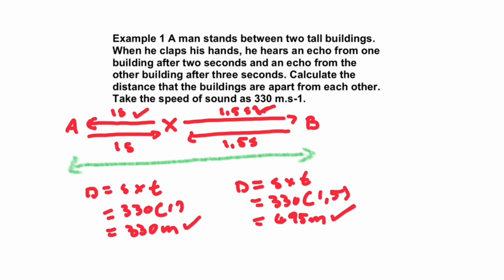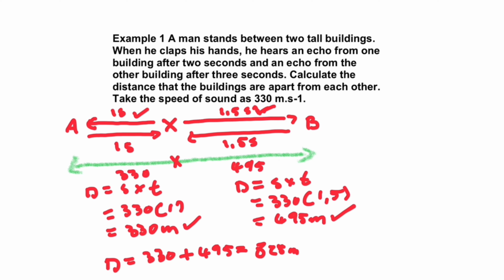We're gonna say that the distance is equals to 330 plus 495, which is equals to 825 meters. Here we have the man. This is 330 and this is 495. So if we want to find the distance between A and B, we just easily add those two numbers. So there we go. That is example 1.